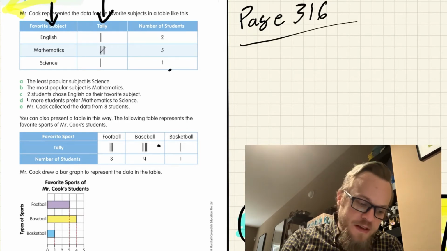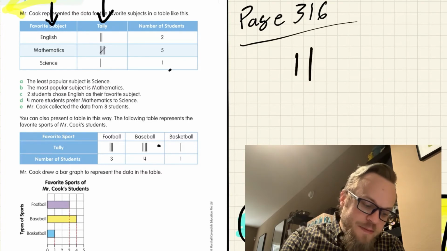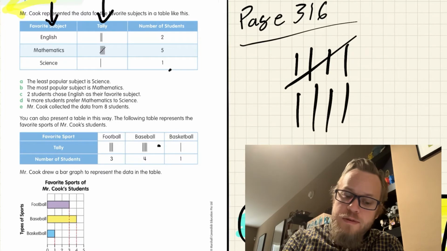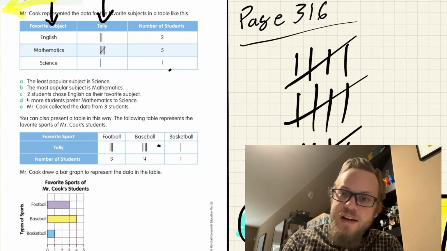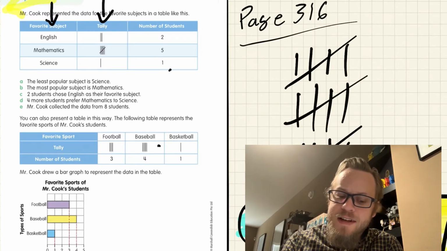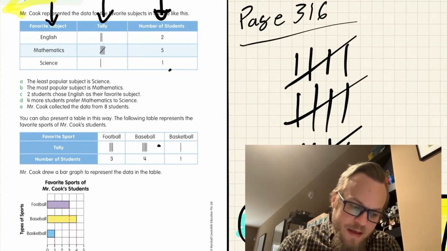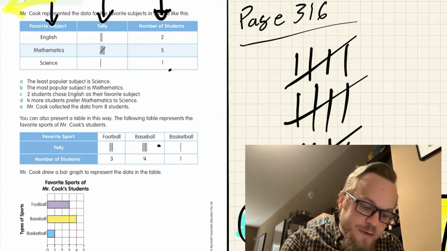These tables have a column of favorite subject, a tally, so just mark 1, 2, 3, 4, 5, to count up how many people voted for that as their favorite. And then he turns that tally into a final number.